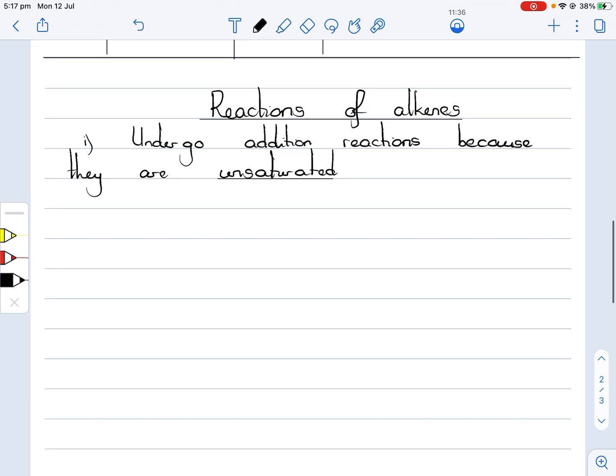Of the reactions that they have, the first reaction I'm going to talk about is referred to as hydrogenation. As the name suggests, there is the addition of hydrogen.